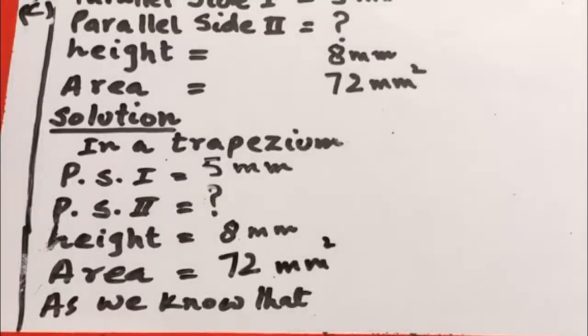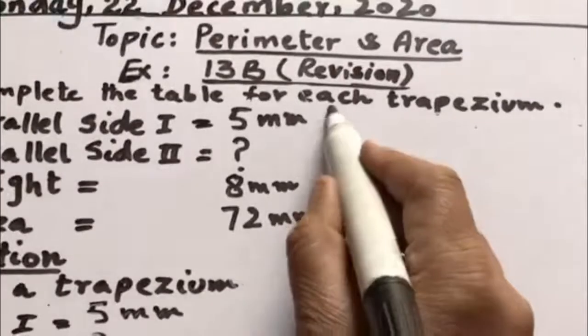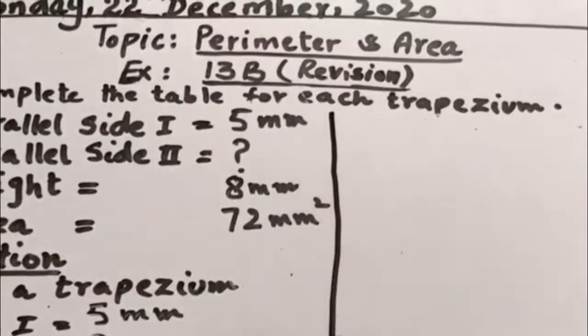By using the formula for finding the area of a trapezium, we can easily find the missing side of the trapezium.